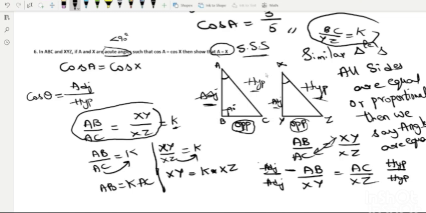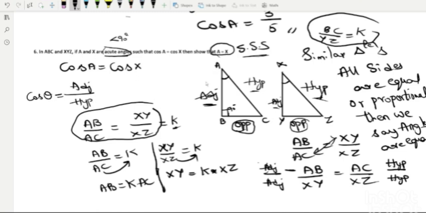I have seen many students getting confused in this particular problem. It's very simple, so I'm repeating the thing again. Here in the question, he has asked you to show that angle A equals angle X, and the given data states that cos A equals cos X. So the formula for cos A would be adjacent by hypotenuse.